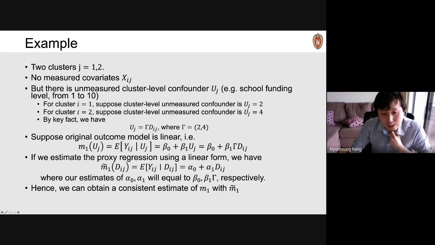Essentially, by training this model M1, we can directly train on U_j. That's the key idea: as long as we have a complex enough model for proxy regressions that encapsulates whatever the observed outcome model is, we can effectively replace the original outcome model, which depends on the unmeasured variable, with something that's measured.